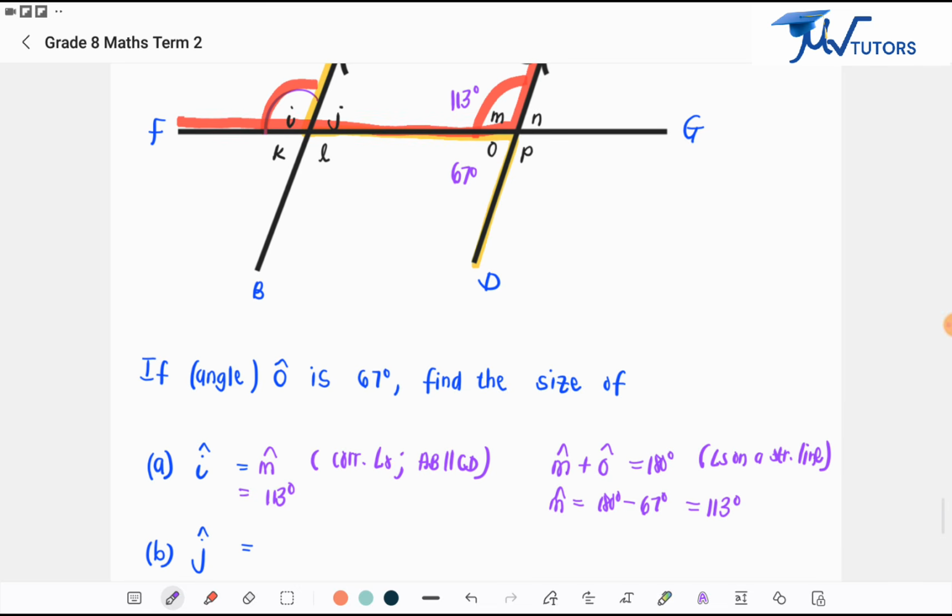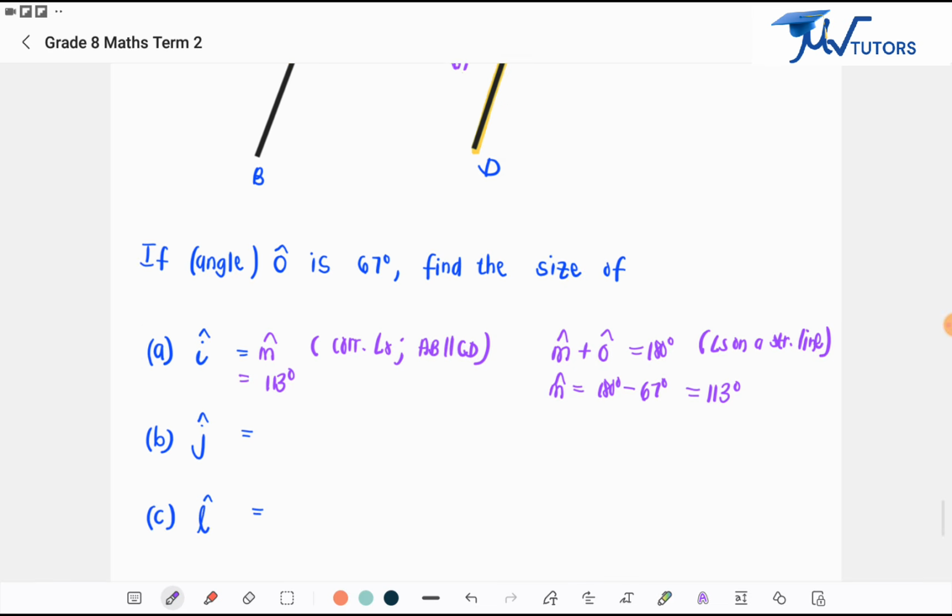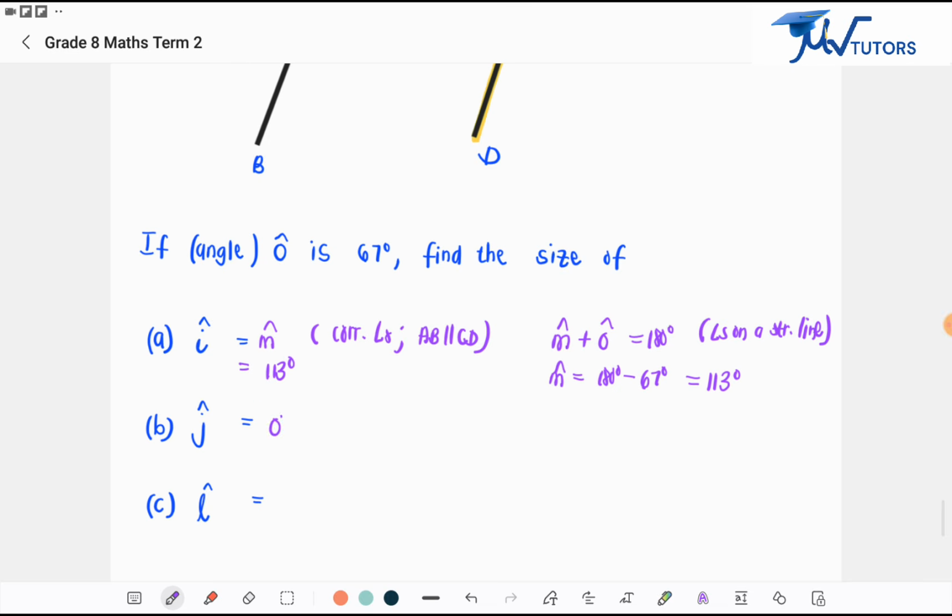Now what is J equal to? J and I are on a straight line, they're supplementary, but also J and O are equal. Why? Because of alternating angles or alternate angles, again because we have AB parallel to CD.